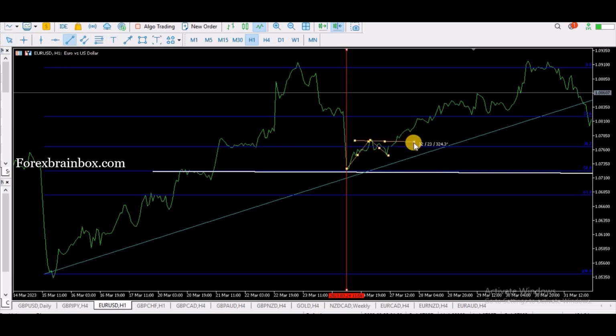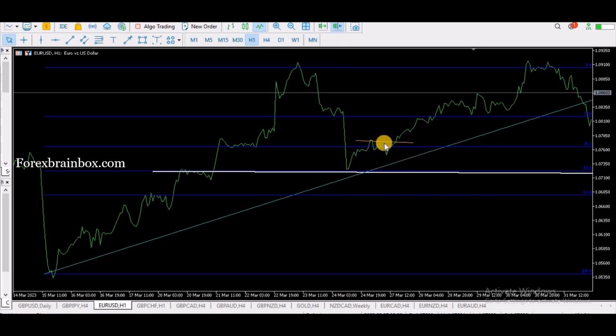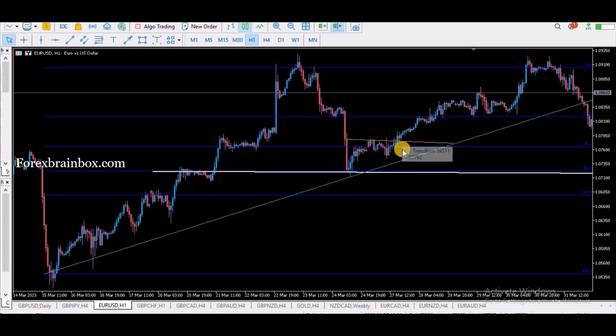So this is your first high, right, in regards to the time frame. So you are looking out for the market breaking the high and the candle closing above the high. That is where your trade will be placed.